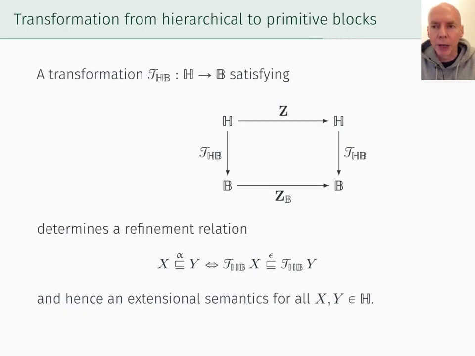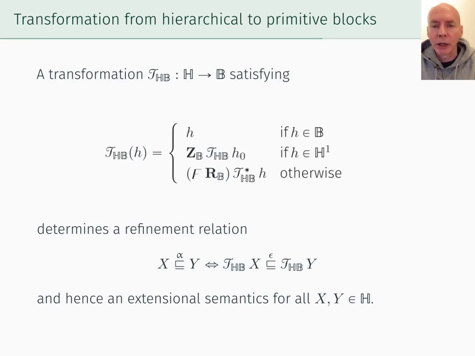One way of thinking about the transformation THB from H to B is that it is whatever makes this diagram commute for the Z operator and this one for the rack operator. Another way of thinking about it is that it's like evaluating an expression by traversing its abstract syntax tree recursively.